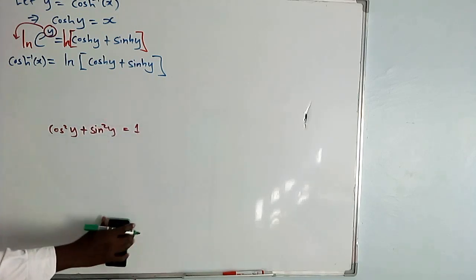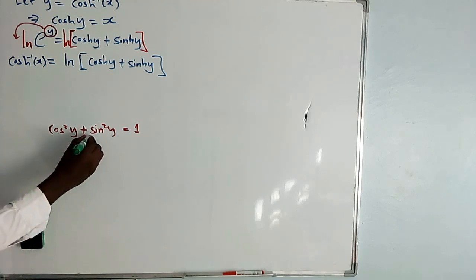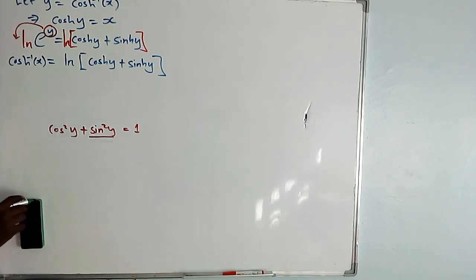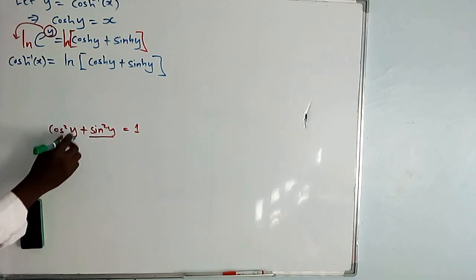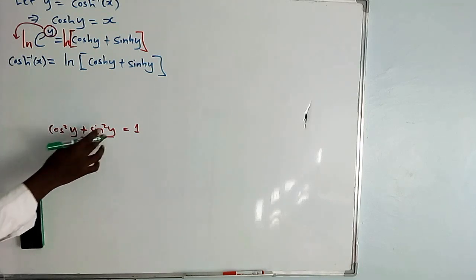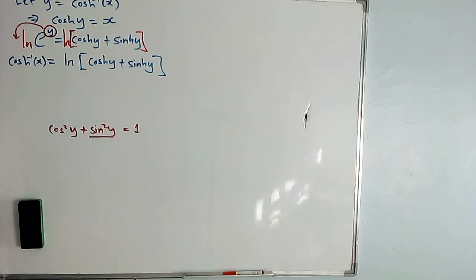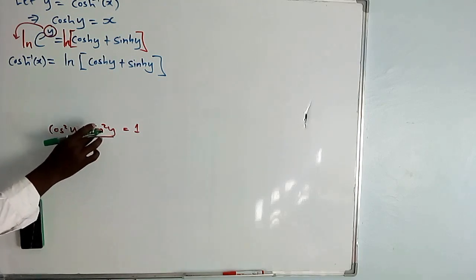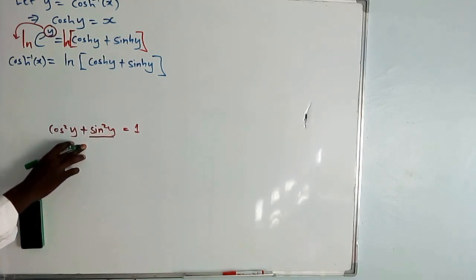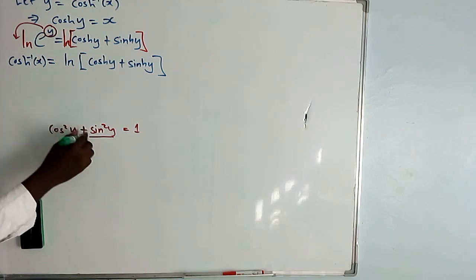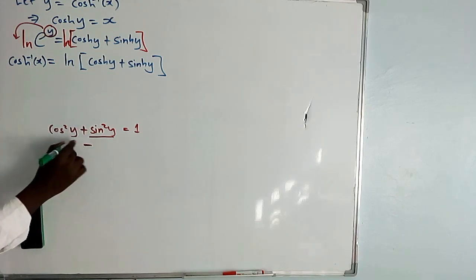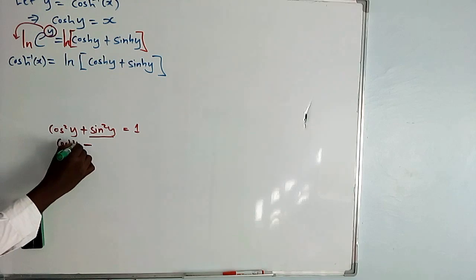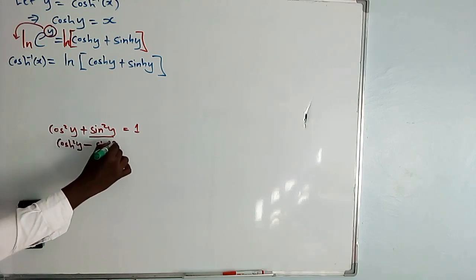Osborn's rule says when you have a direct product of two sine functions, the sign changes. There is a direct product of two sine functions here, sin squared y. So in hyperbolic, the sign is going to change to negative. So it is going to be cosh squared y minus sinh squared y is equal to 1.